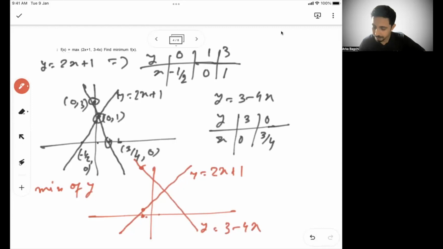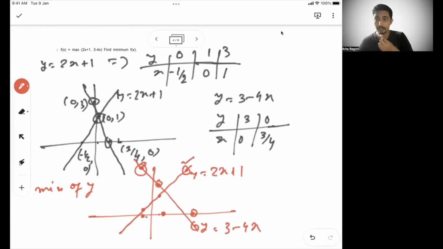So maximum between these 2 points, I have to take this point. Similarly, if I take x here, my 2x plus 1 gives me this point, and 3 minus 4x gives me this point. So I have to take this point. Similarly, if I go to the right, my 2x plus 1 gives me this point, and 3 minus 4x gives me this point. So my maximum point is this.